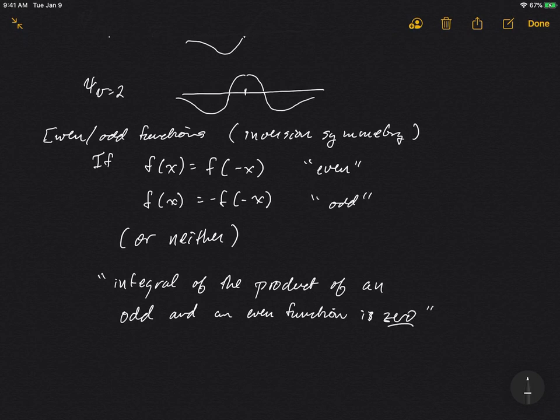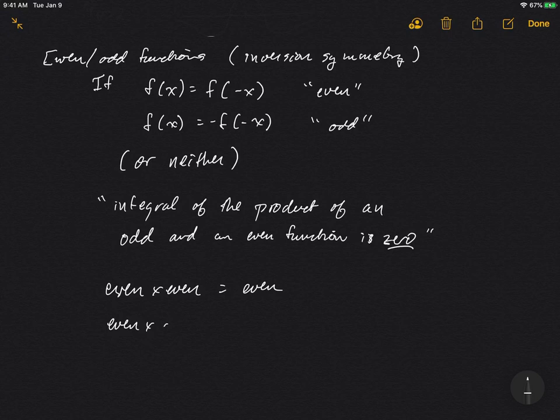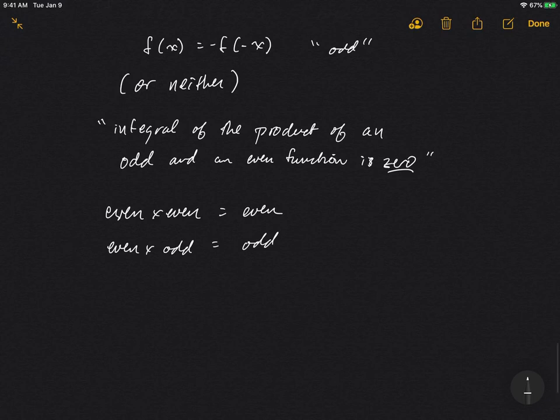In other words, the integral of an odd function, and let me add something to this. If you take an even function and multiply it, so I probably should have said this before, an even function times even gives you an even function. Even times odd and odd times even is odd, and odd times odd equals even.